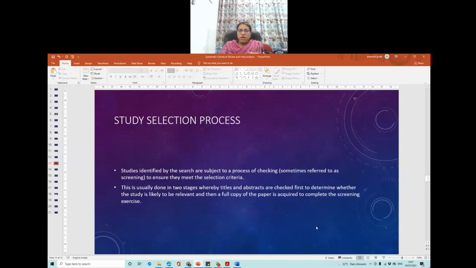Now the searches have run and you have got the hits. From those hits, you have to select the studies which are very relevant and which fit the inclusion and exclusion criteria of your review question. Studies identified by the search are subject to a process of checking, sometimes referred to as screening, to ensure that they meet the selection criteria.